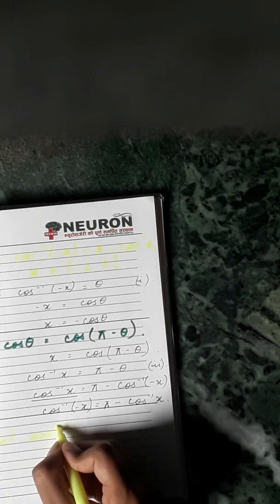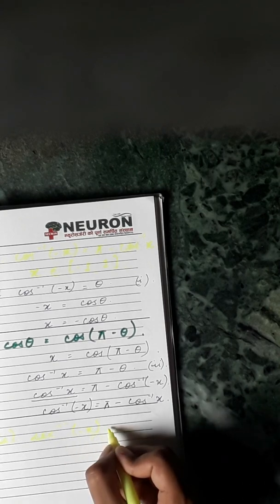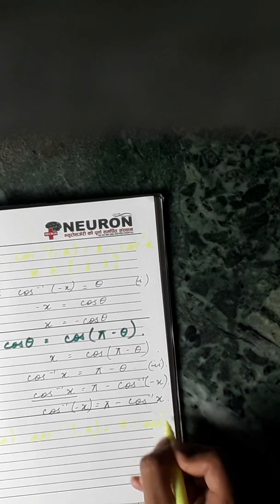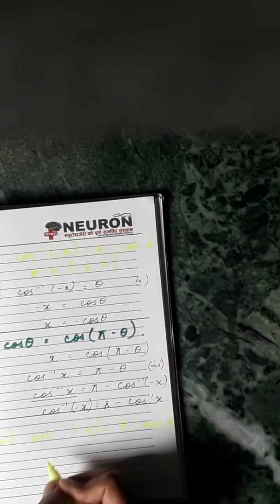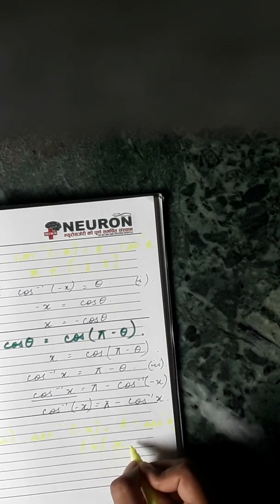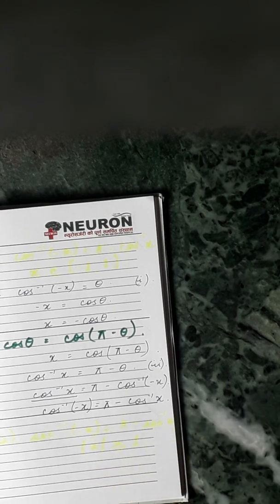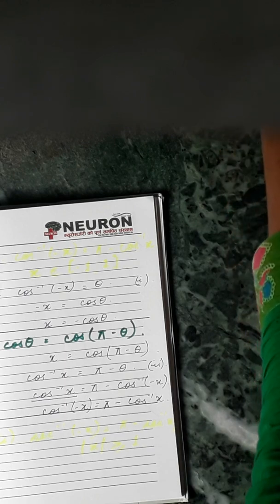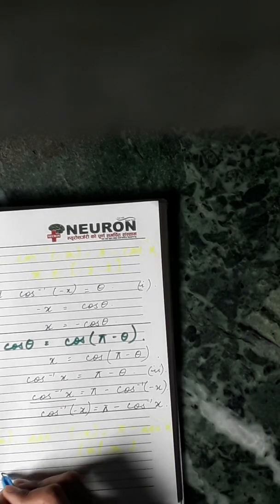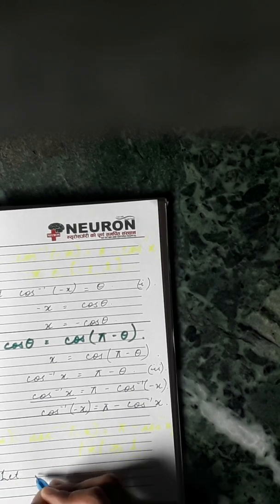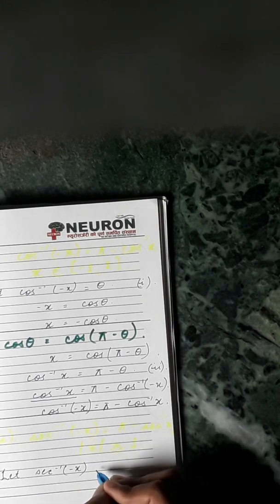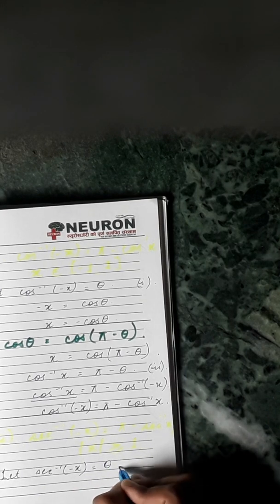Similarly, you have for sec inverse minus x is equal to pi minus sec inverse x. Here the range of values for x is mod of x should be greater than or equal to 1. So here also you have to do the same thing. You have to let sec inverse minus x to be equal to theta.